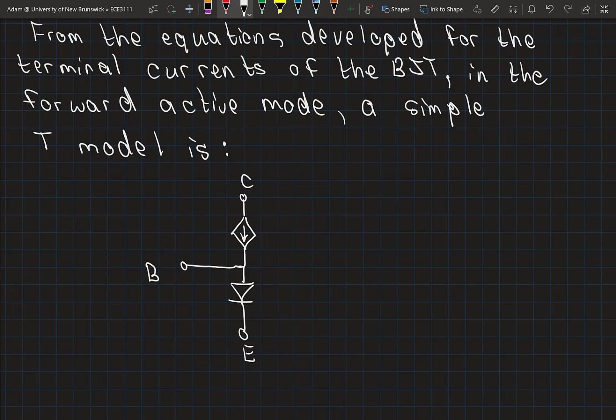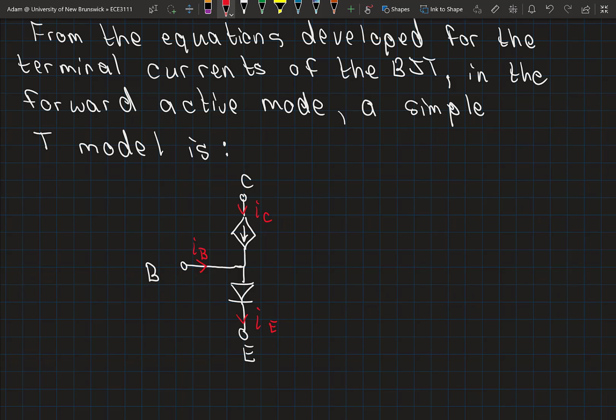If I label my currents on here, this is my collector current, as a lowercase. This represents my emitter current, and this my base current.